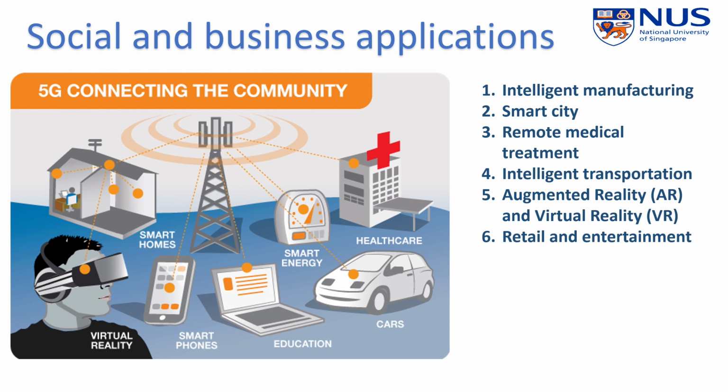You may see smart homes and smart cars in society. And the third one would be remote medical treatment, which is used for healthcare in the hospital for the doctor to do remote treatment. And the next one will be intelligent transportation.